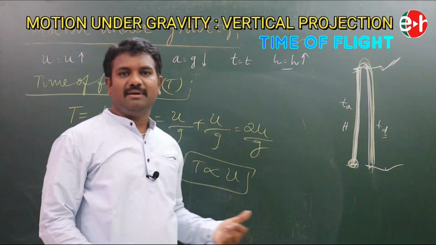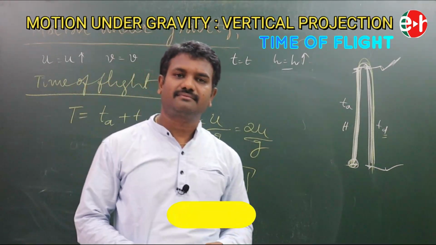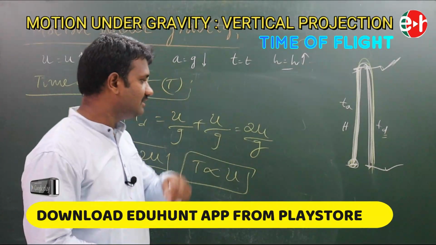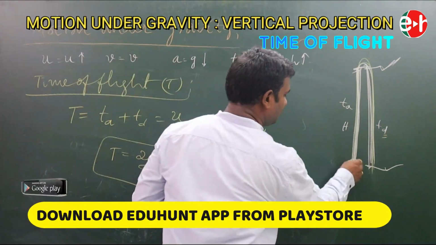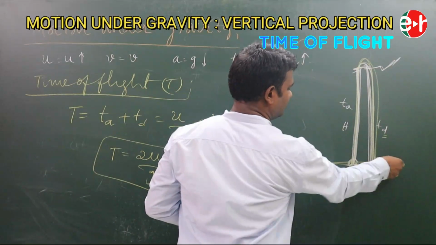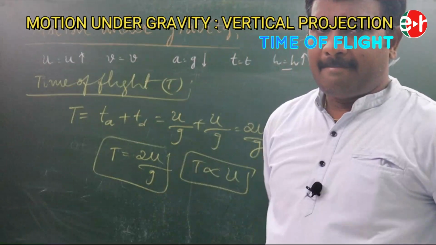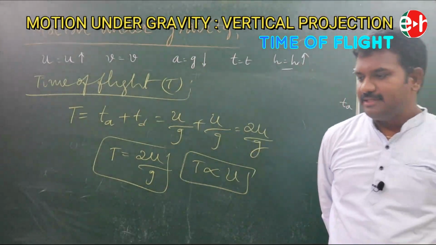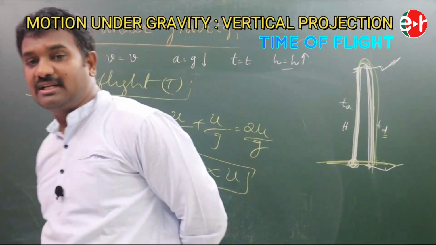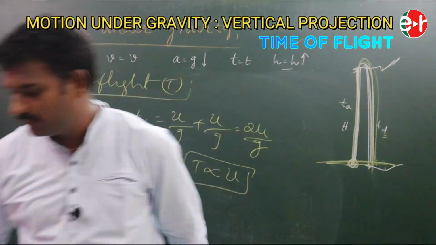Let us derive the same formula by using another definition. See, the object is thrown from here and reaches the same position. What is its vertical displacement? Its vertical displacement is 0.